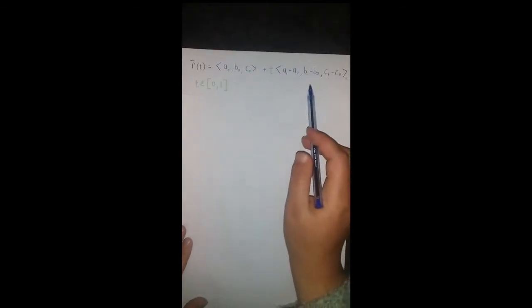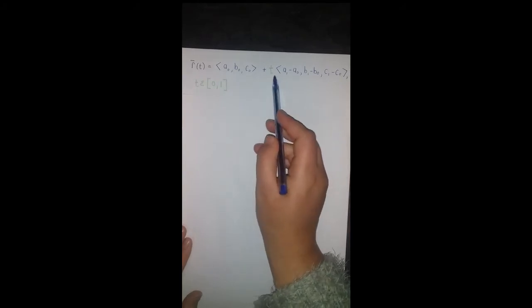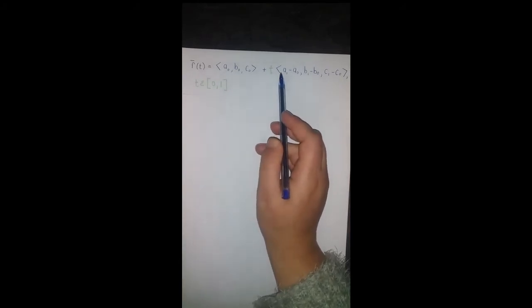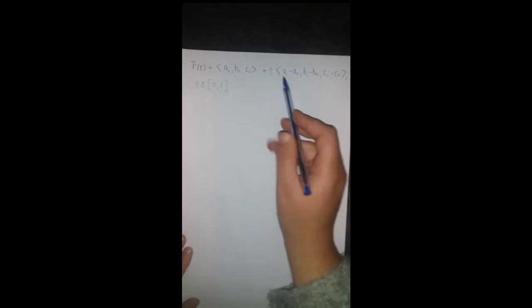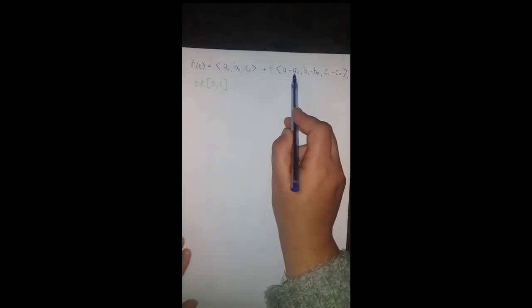So let's go to what it would look like in 3 dimensions. In 3 dimensions, you will have an initial position of (a0, b0, c0). You will have this time aspect, and then you will have your vector, which is end point minus beginning point.